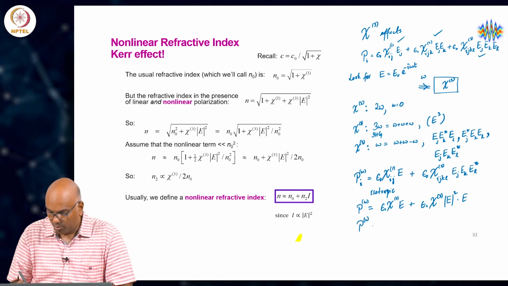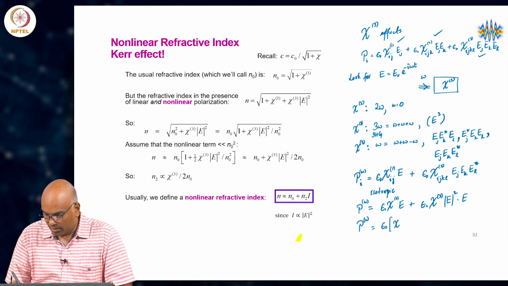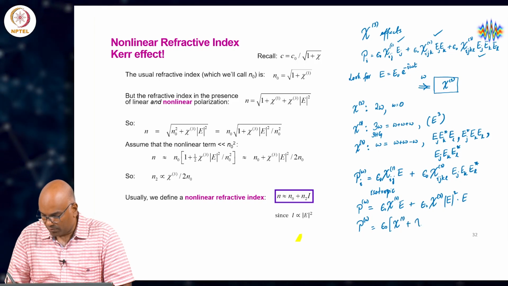Therefore, the polarization oscillating at omega essentially has the following form.